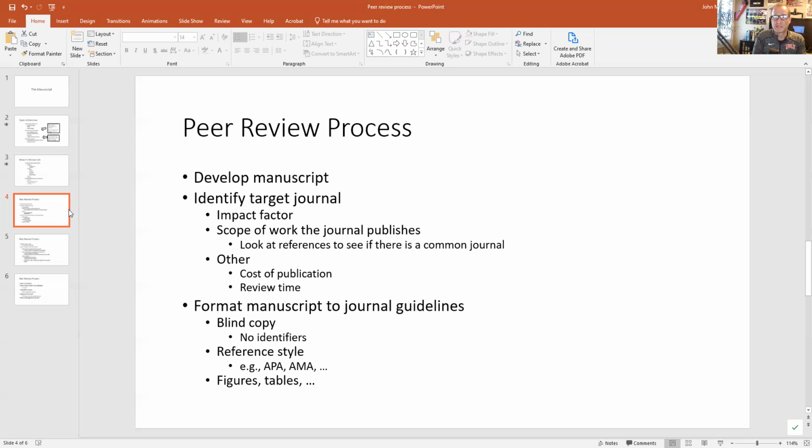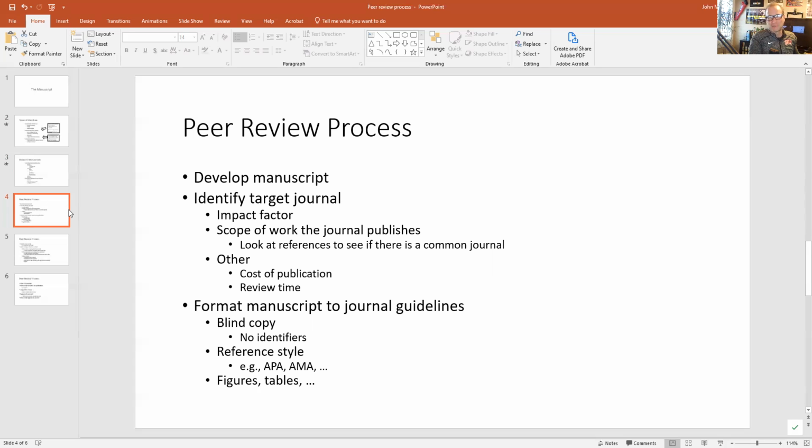There are some different things that come into play when identifying that target journal. One is the impact factor, how well read that journal is. The impact factor, in essence, tells us how other researchers are accessing the information in that journal. Some new journals may not have a high impact factor at all.